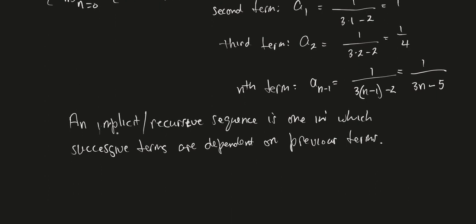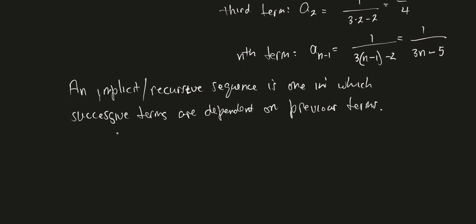So what do they look like? Well, let me give you a simple one. a sub n might be equal to a sub n minus 1 plus 2. This is saying the next term in the sequence is equal to the previous term, because if n is an integer, then n minus 1 would be the previous integer.